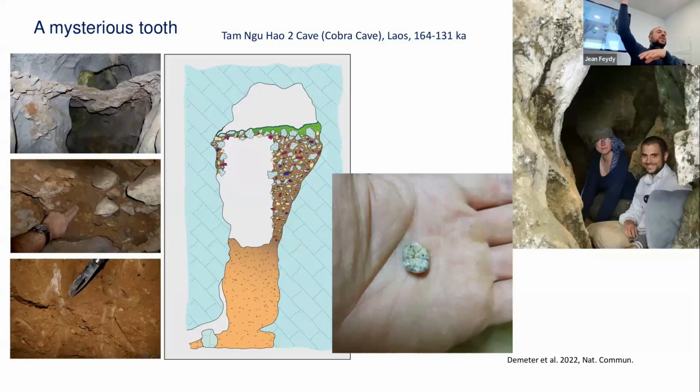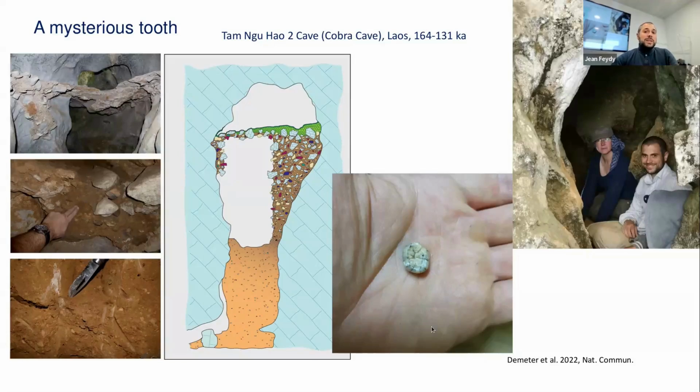It's a kind of natural trap on top of the hill, and they fell down in the fractures and accumulated. You can see here some layers of soil, of sediment, and inside there are a lot of fossil teeth, lots of animal teeth, but also in 2018 we found this human tooth.